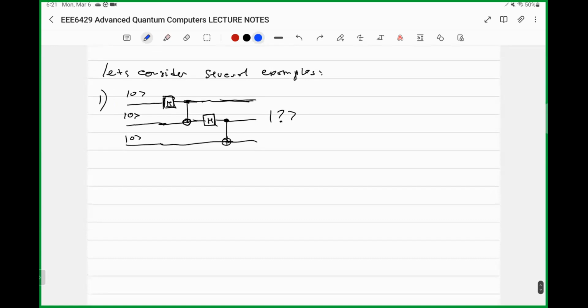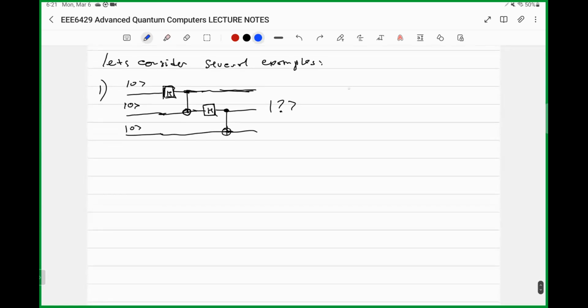The Hadamard gate, I just remind you that if it takes the 0 state as the input, it returns 1 over square root of 2, state 0 plus state 1. And if it takes the state 1 as an input, it returns 1 over square root of 2, state 0 minus state 1.